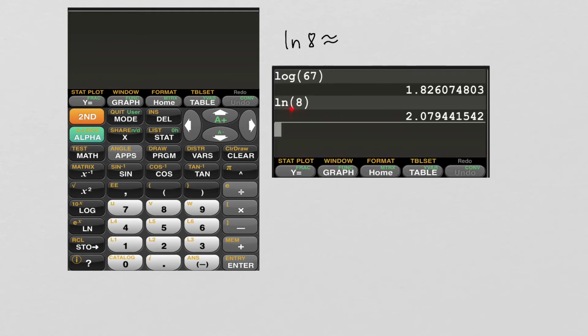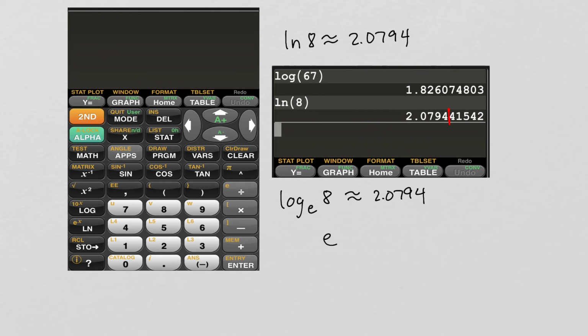So you see here, if I type in the natural log of 8, we get the number 2.079441542. Rounding that to 4 decimal places, the natural log of 8 is approximately equal to 2.0794. Now, what that means exactly is logarithm base e of 8 is approximately 2.0794.